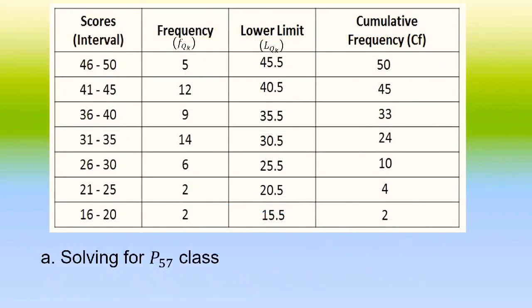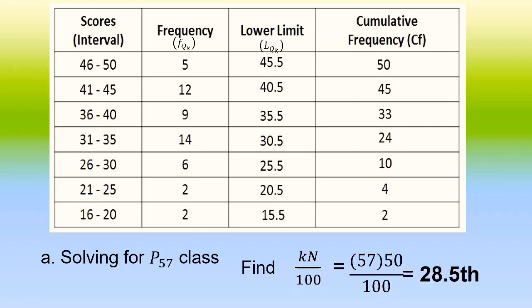Since we have completed the table, time for us to identify the value of the 57th percentile for group data. First is for us to identify the 57th percentile class using the formula k times n all over 100, that is equal to 57 times 50 divided by 100, resulting to 28.5.